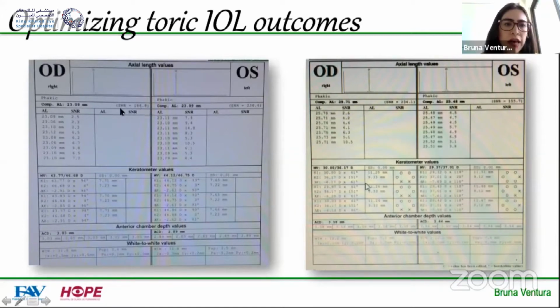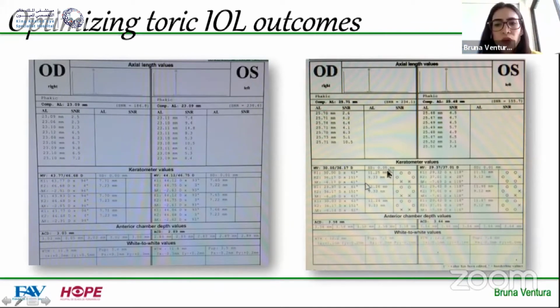The SNR, which is also an index for quality, is high, it's acceptable. And with regards to keratometry, the IOL Master 500 does 3 measurements of each eye. And when nothing appears in this box, it means that it was able to measure all the points that it does measure to obtain and derive the keratometry measurements.